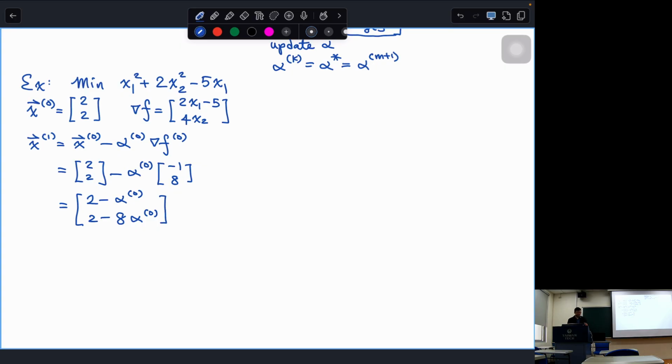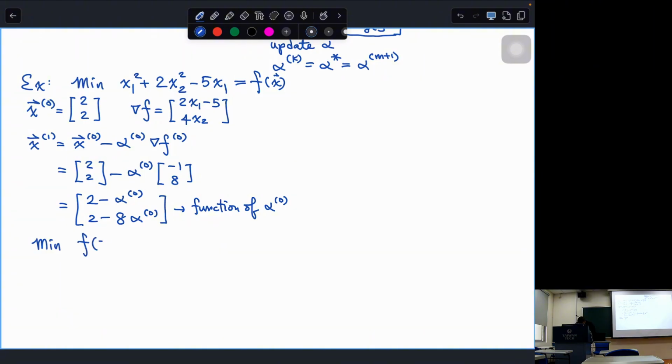function of alpha. It's actually a function of alpha, right? So this is my f of x, right? If I plug this whole thing back into the original problem, originally we are minimizing f of x.